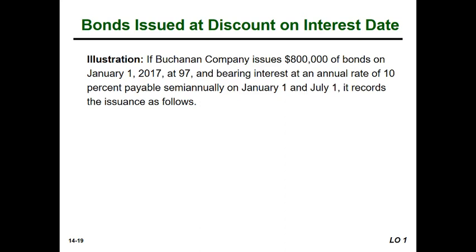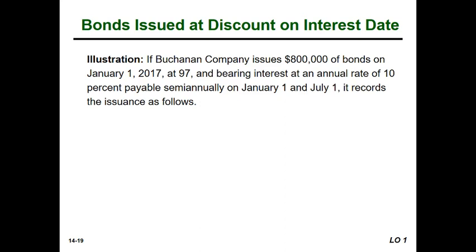So in this case, the bonds are issued at a discount on the interest date. This means that the market rate is currently greater than the coupon rate, and they are sold at 97. This 97 represents the percentage of par that we can expect in proceeds.